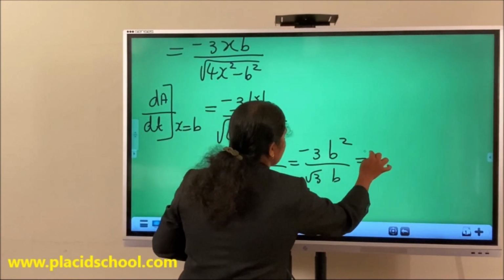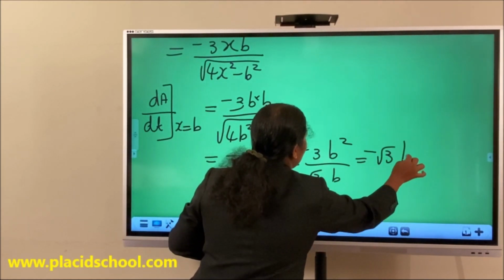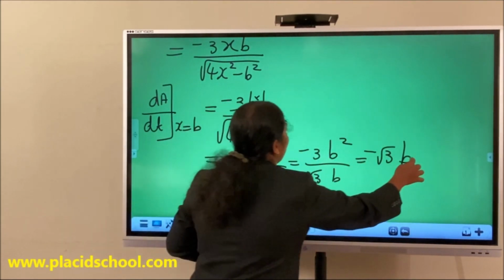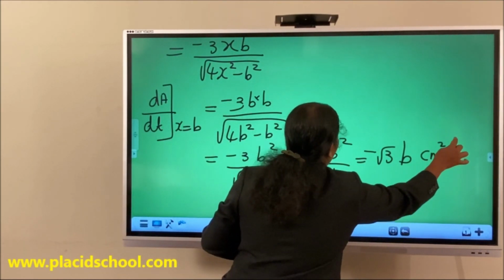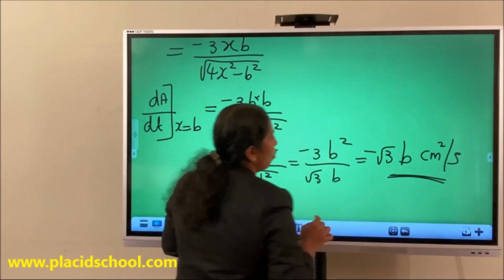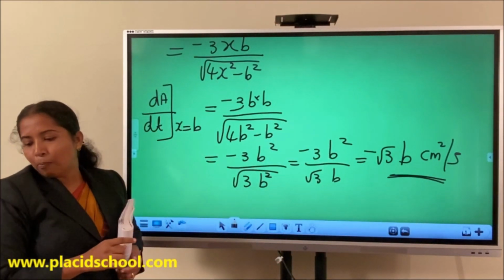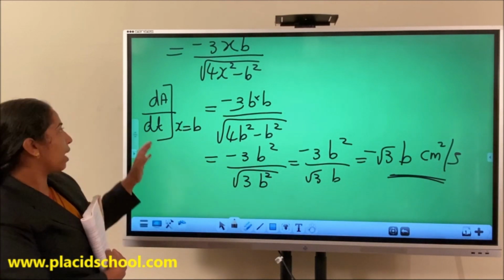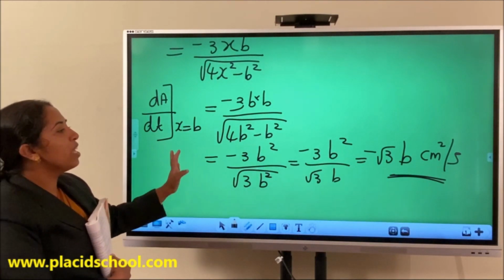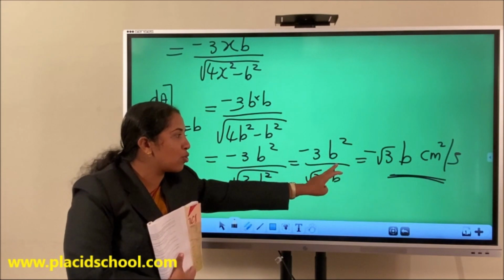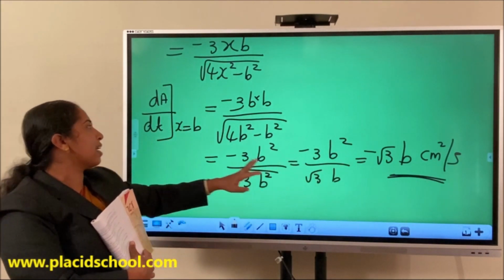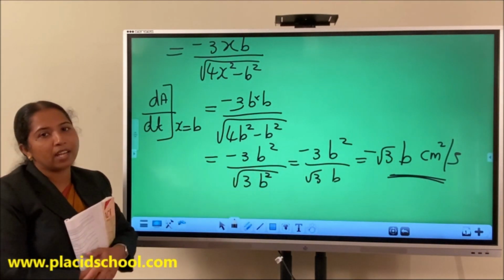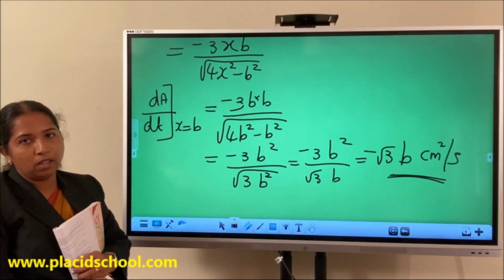On simplification, this is minus root 3 b. Unit for area is centimeter square with respect to time. So final answer will be minus root 3 b centimeter square per second. So area is changing with respect to time at the rate of minus root 3 b centimeter square per second when the two equal sides are equal to the base.